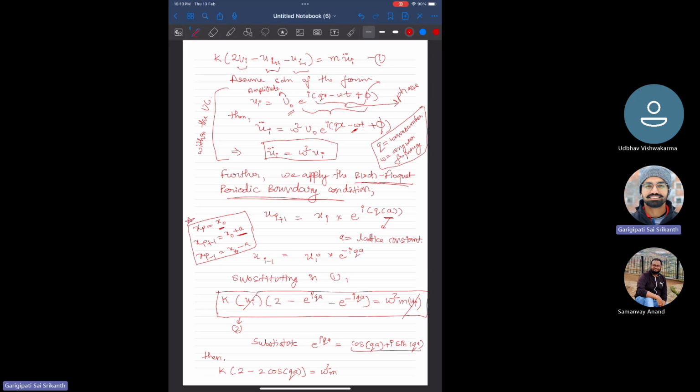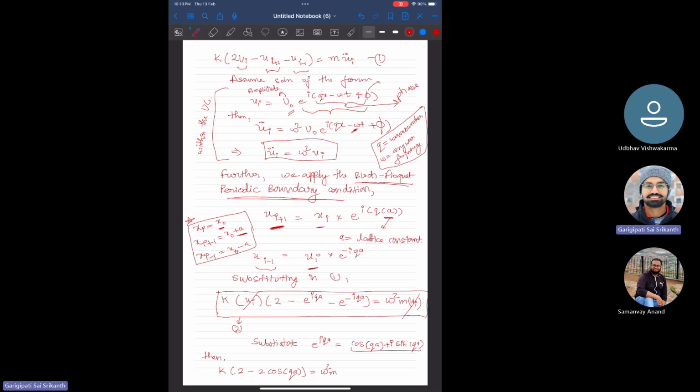So if you substitute that, what we get is that u of i plus 1 is u of i times e to the power i q a, whereas u of i minus 1 is u of i times e to the power minus i q a.